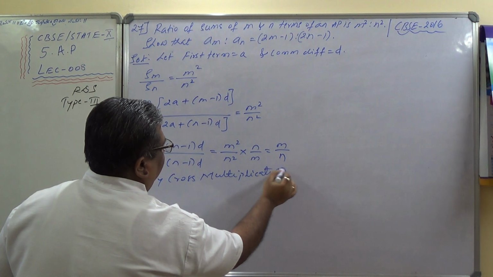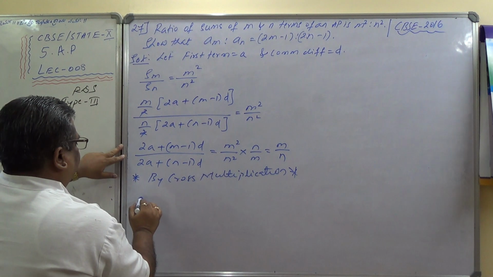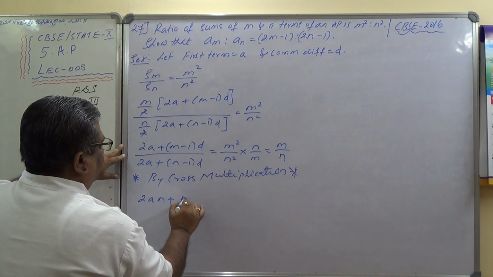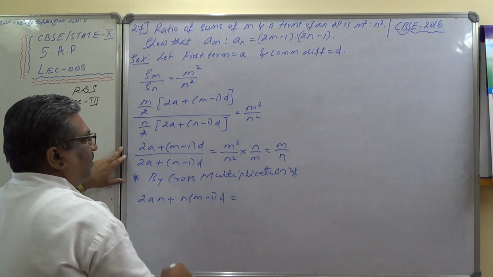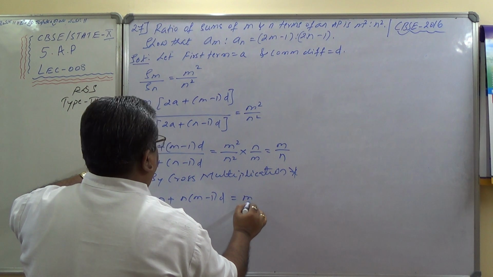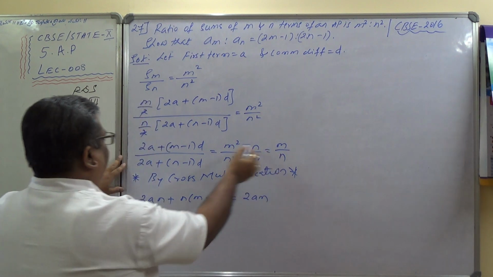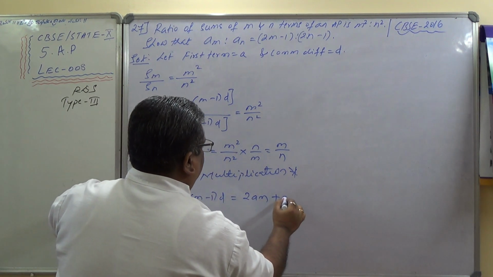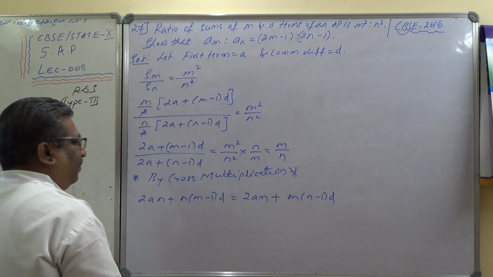This step is critical. Mark it. 2an plus n times m minus 1 into d equals m times 2am, m into 2am plus m times n minus 1 into d.